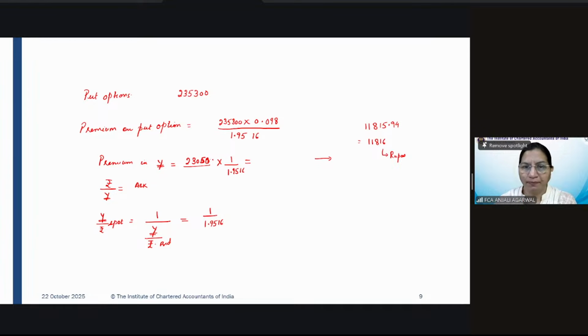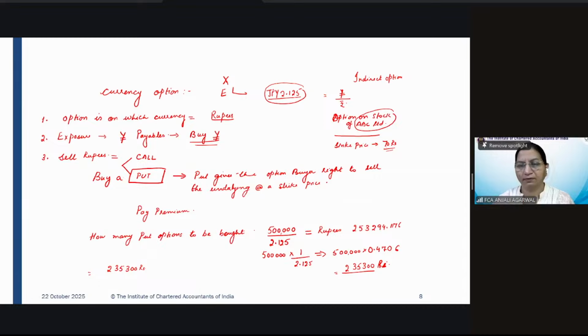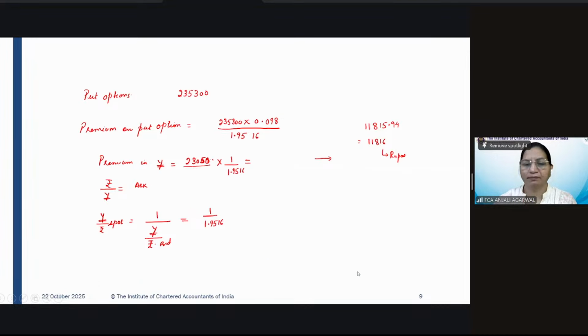So total for payment of Japanese yen 500,000, the total rupee outflow would be under the forward cover 253,500 and under the option cover 235,500.